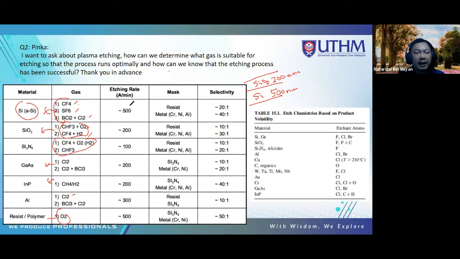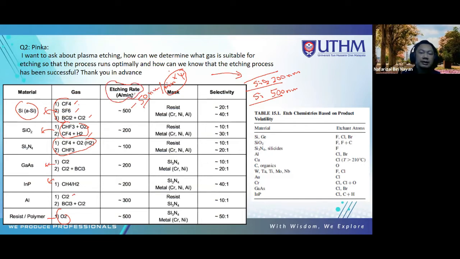If I convert this and calculate, in 1 minute I can remove 50 nanometer. So to remove 200, I need 4 times, approximately 4 minutes to remove this 200 nanometer thickness of silicon dioxide. This is what we call the etching rate.